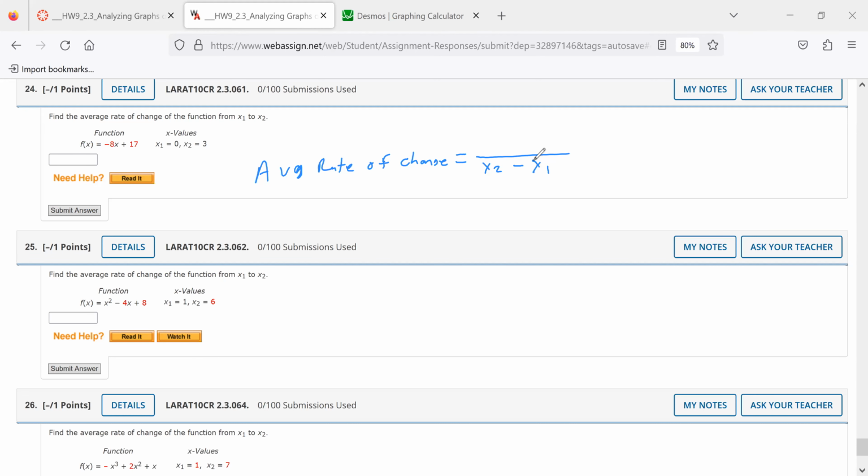From the top, you have f of x2 minus f of x1, which is basically y2 minus y1.